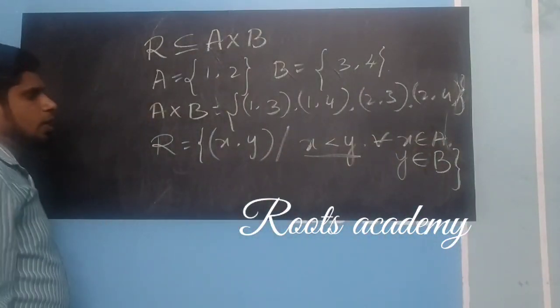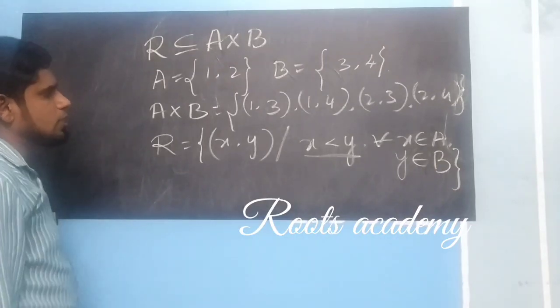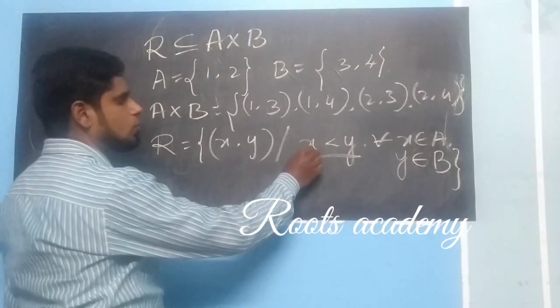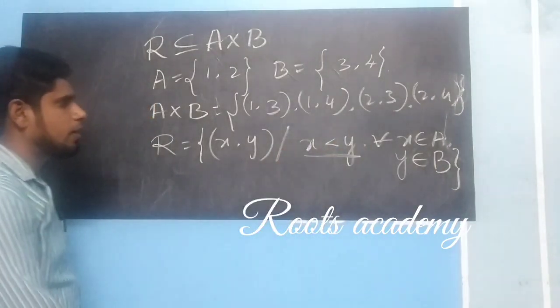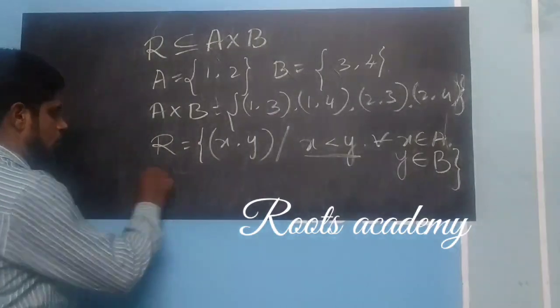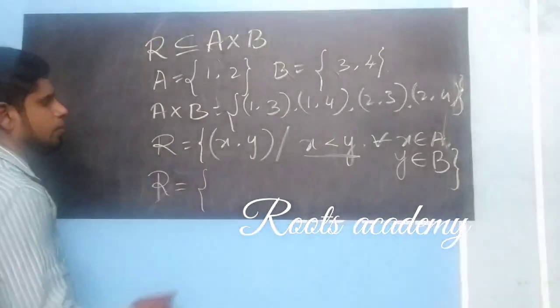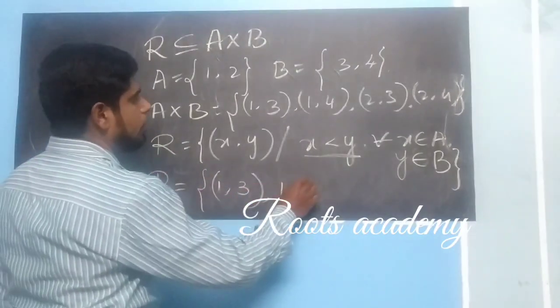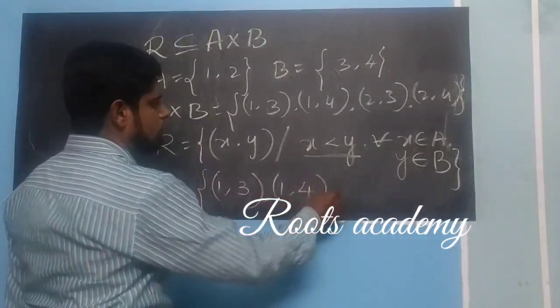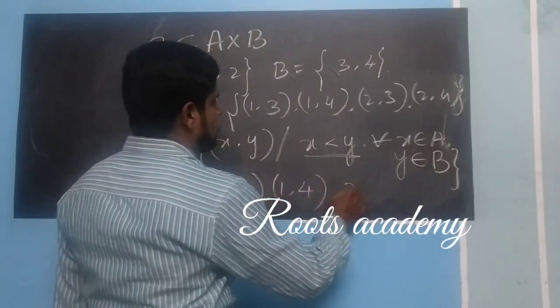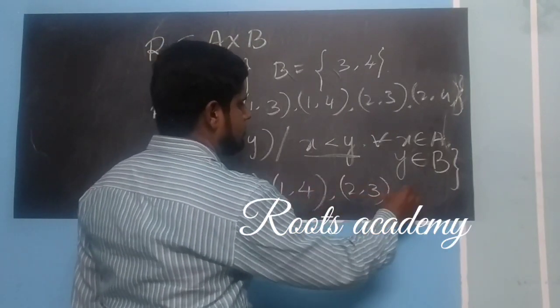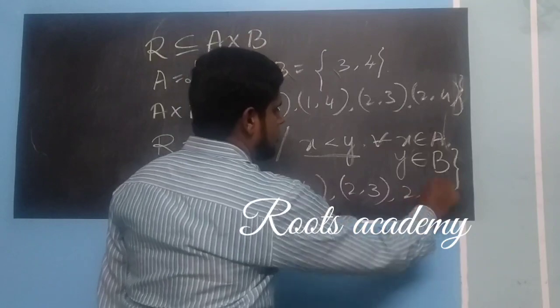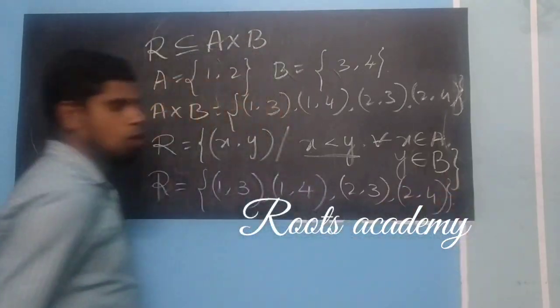So what elements are possible here? X less than y. That is, the first number should be less than the second number. So the relation will be 1 is less than 3, 1 is less than 4, 2 is less than 3 and 2 is less than 4. So here all elements are possible.